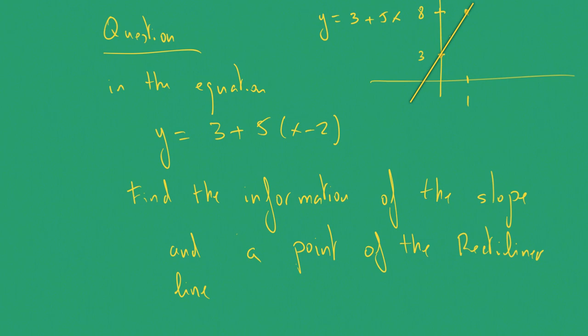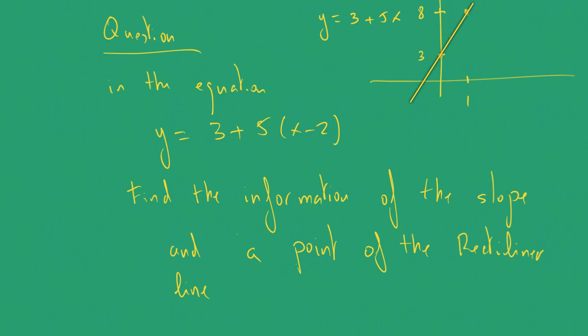Now imagine that I give you this equation, 3 plus 5x minus 2. How will you draw this equation? To draw this equation, you will displace the graph 2 units to the right. So this equation is parallel to this equation, but it's been translated 2 units.